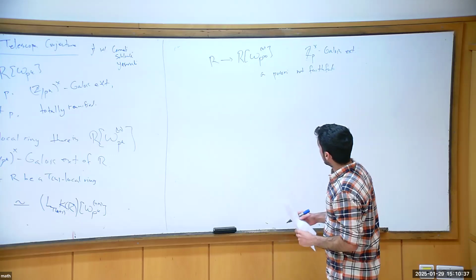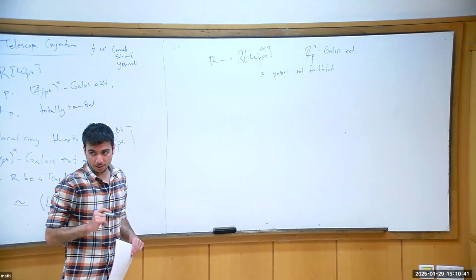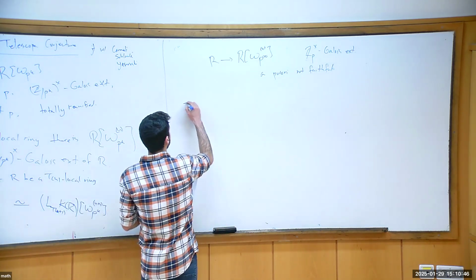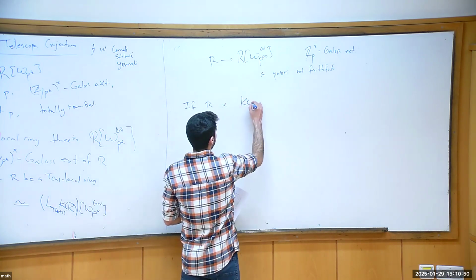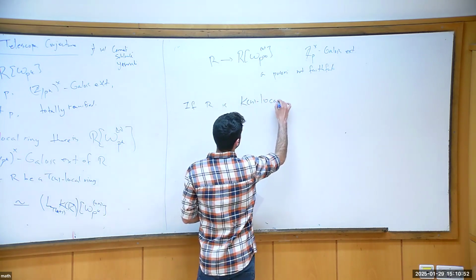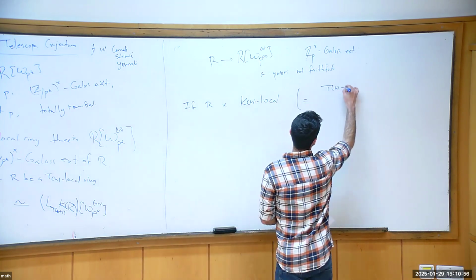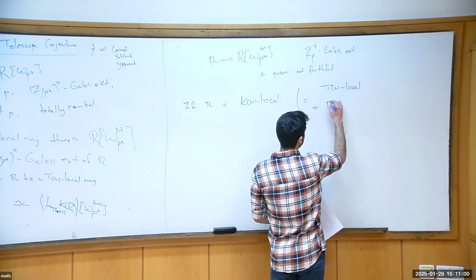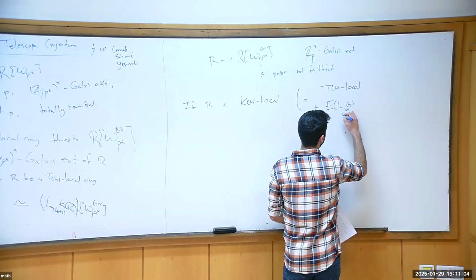Yeah, but there is an extra condition that you can put on R, which guarantees that it is an isomorphism. So if R is what is called K_n local, so K_n local means T_n local plus local with respect to this Lubin-Tate spectra that I mentioned before, where this is of height n.